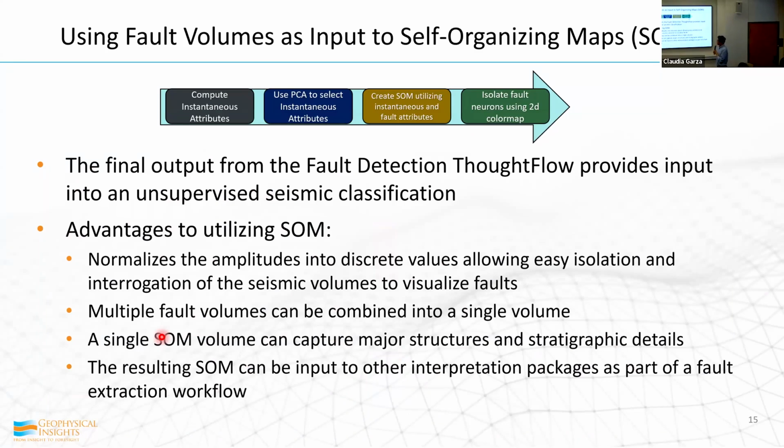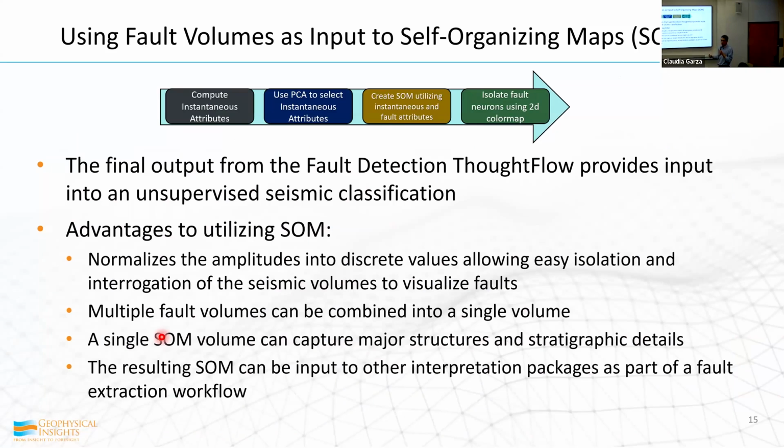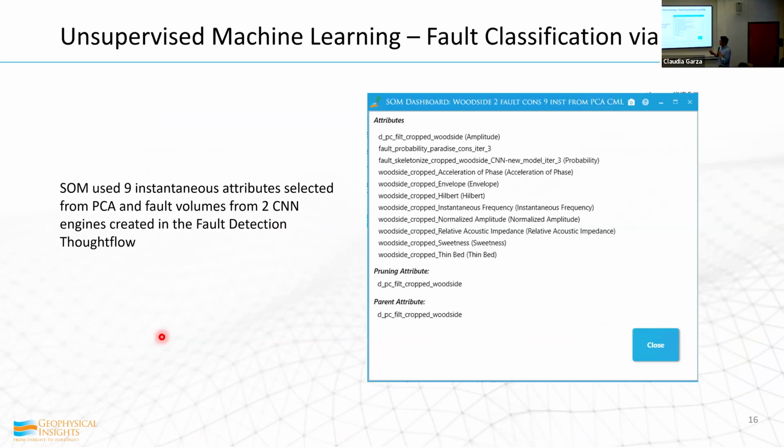And also, we can take our fault detection result from the last step, get our fault probability, and input the probability into a self-organizing map with your attributes to generate a stratigraphic result and your fault result. Let me just quickly show that.